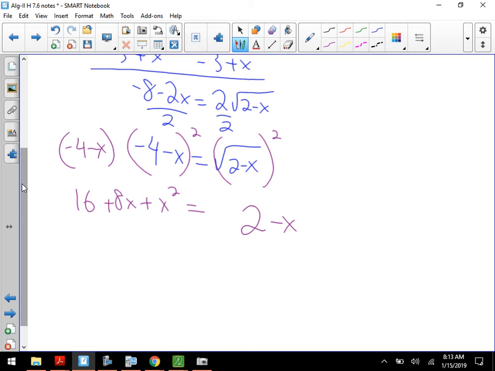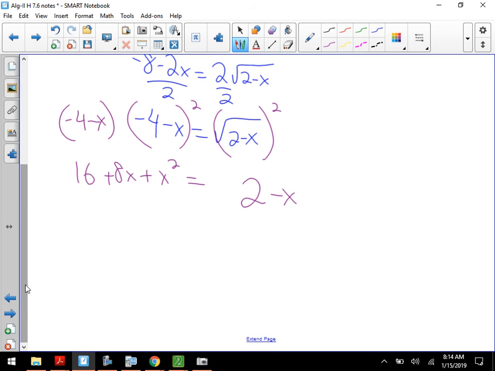Now you can set aside equal to 0. Subtract the 2, add the x. I'm going to rewrite in descending order, so subtract 2, add the x. I'm going to get x squared plus 9x plus 14 is 0.